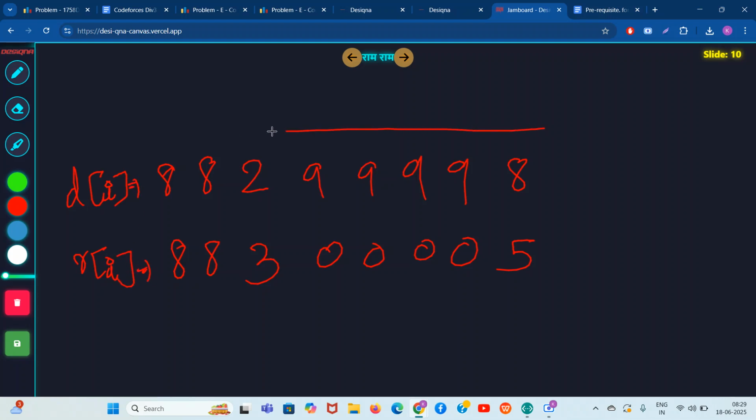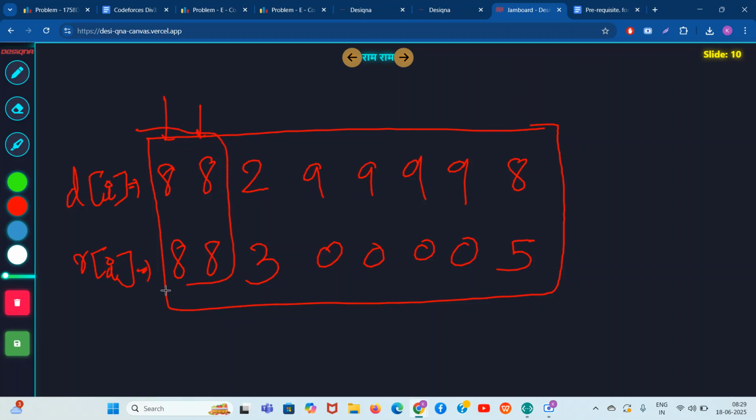So everything is equal, no problem. Cost of 2, and the numbers will actually be 88. Here you are confused now. What to do? There is this 2, there is this 3.